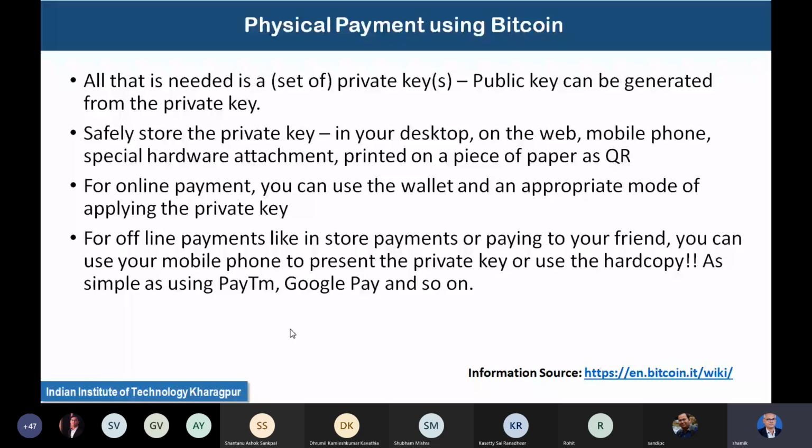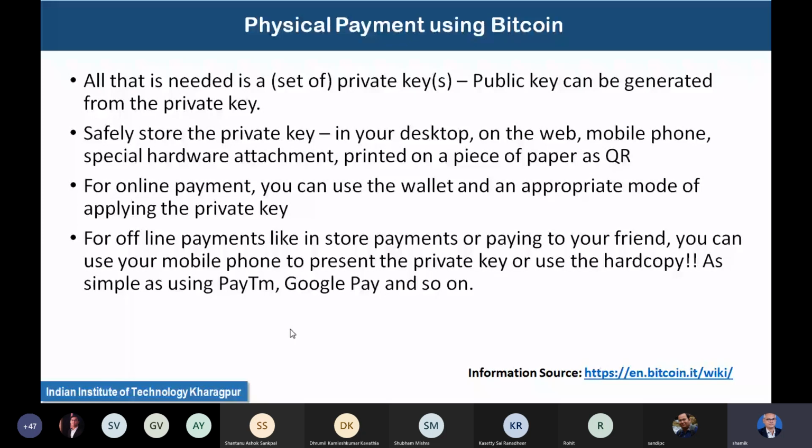Just like you make your payment through your Paytm app or Google Pay, that person will have a QR code that will be the hash of his public key. So at the orange juice stall where you make the payment, that person will have a QR code which is the hash of his public key, and you pay using your Bitcoin.